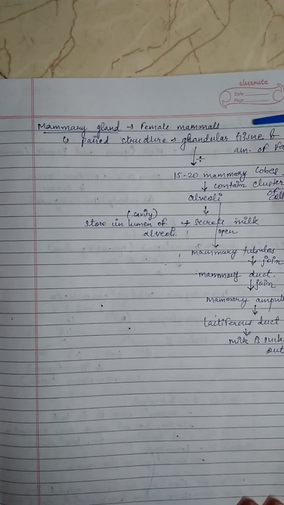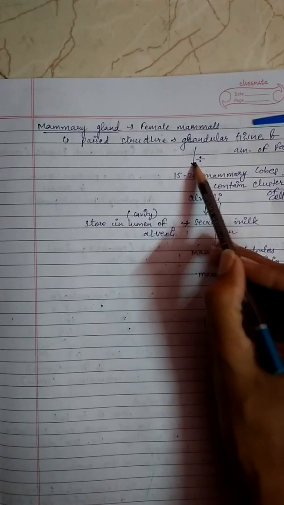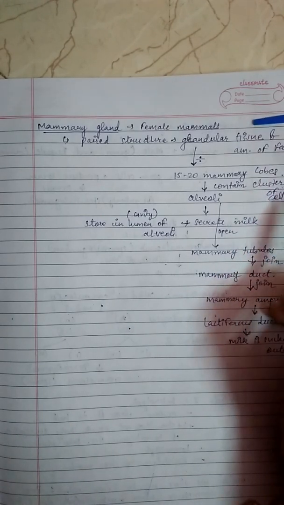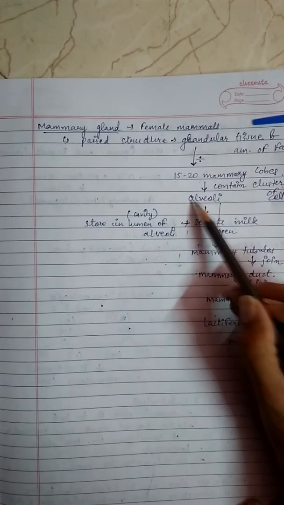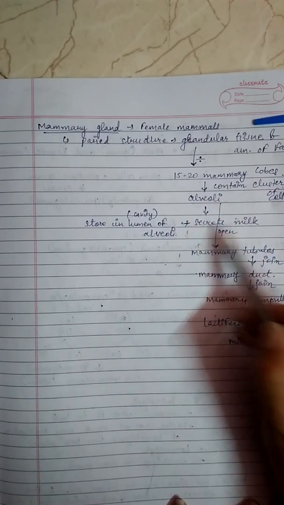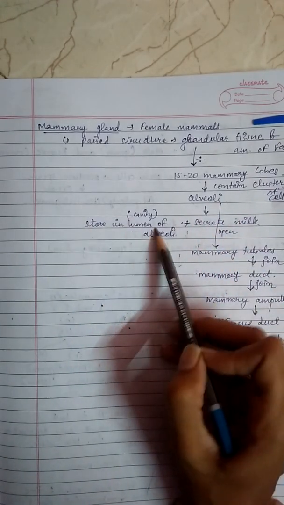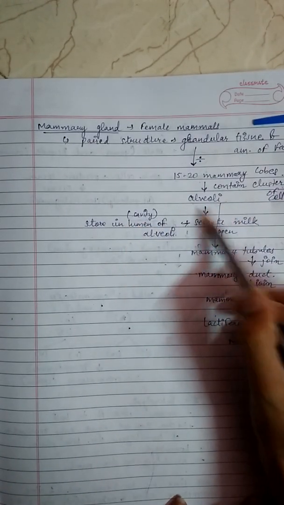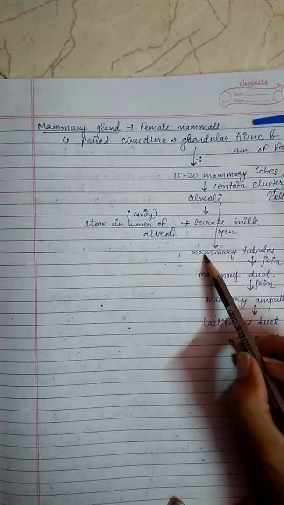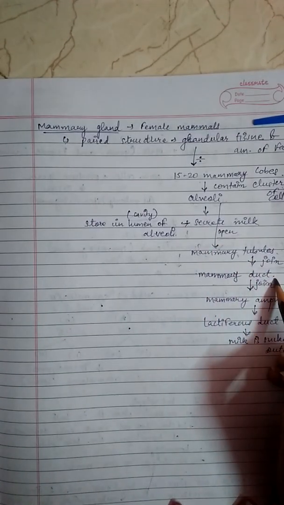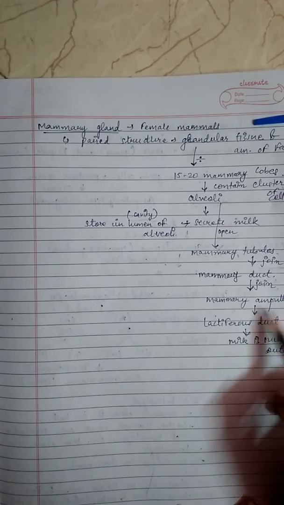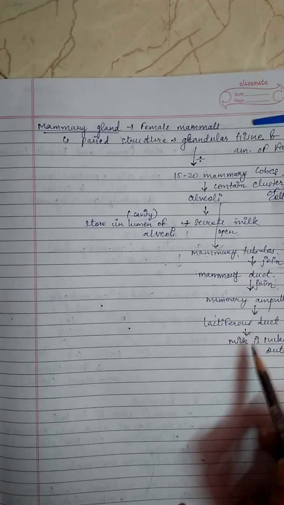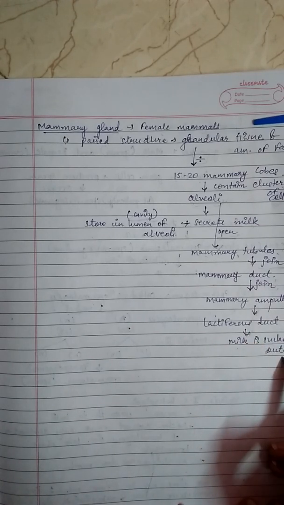The glandular tissue of each breast is divided into 15 to 20 mammary lobes, which contain clusters of cells known as alveoli, which secrete milk. The milk is stored in the lumen of the alveoli, which opens into mammary tubules, which join into the mammary duct, which joins the mammary ampulla, which opens into lactiferous ducts, the point where milk is sucked out.